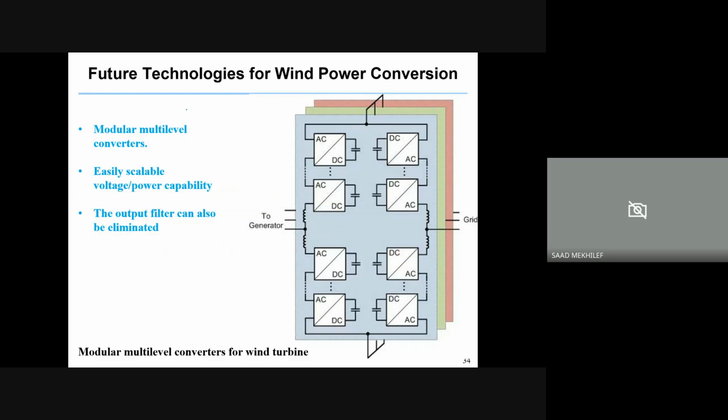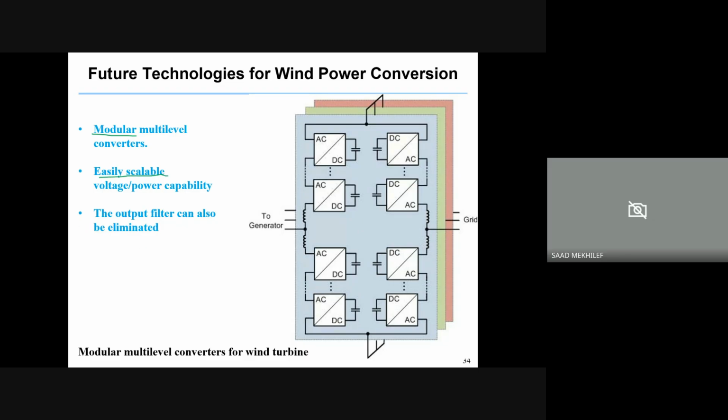Also, future topologies include the modular ones, and that's a good thing: modular multi-level converters. It's multi-level, but modular in nature. See here, we have a few three-phase units connected together, easily scalable.